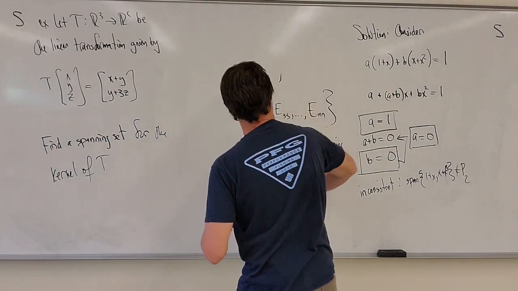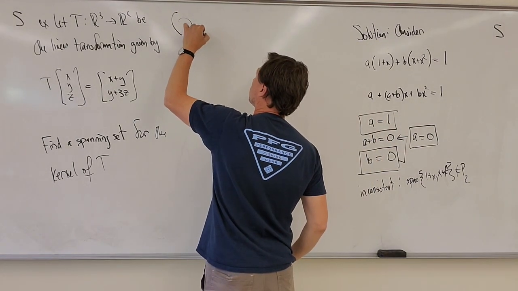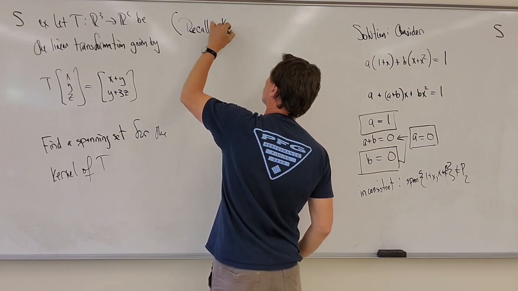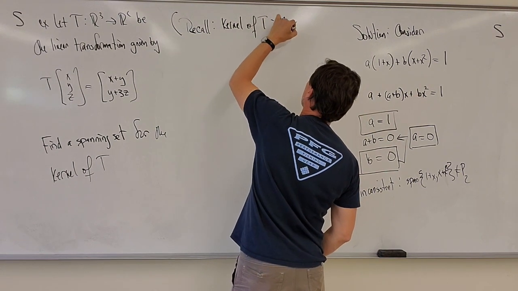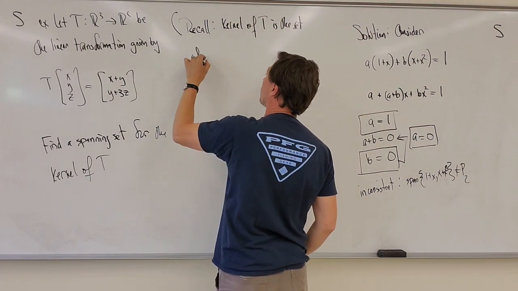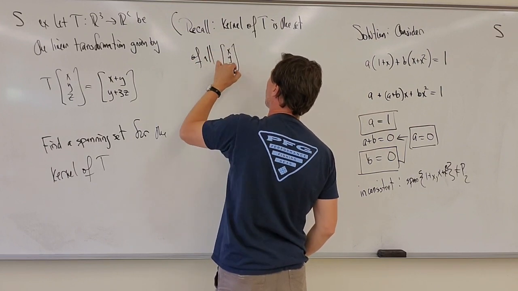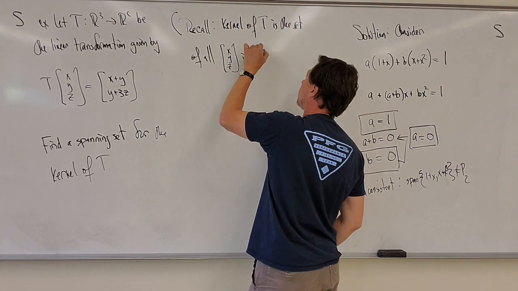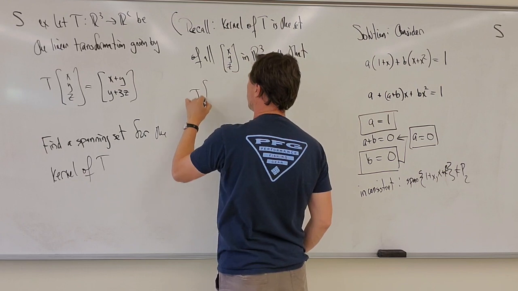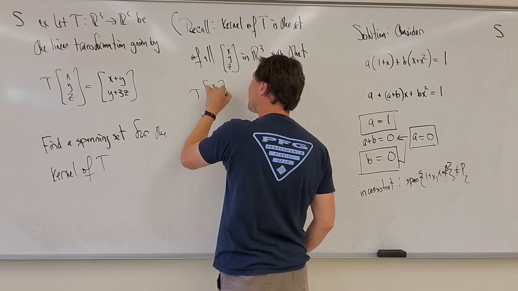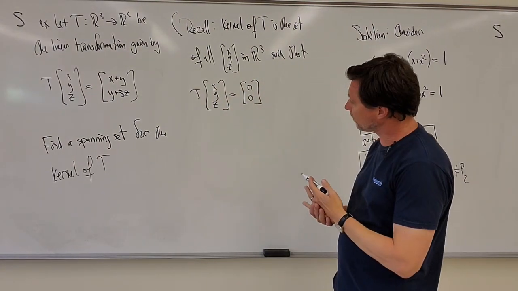So recall the kernel of T is the set of all x, y, z in R3 such that T of x, y, z equals the 0 vector, which in this case would be 0, 0. Okay?